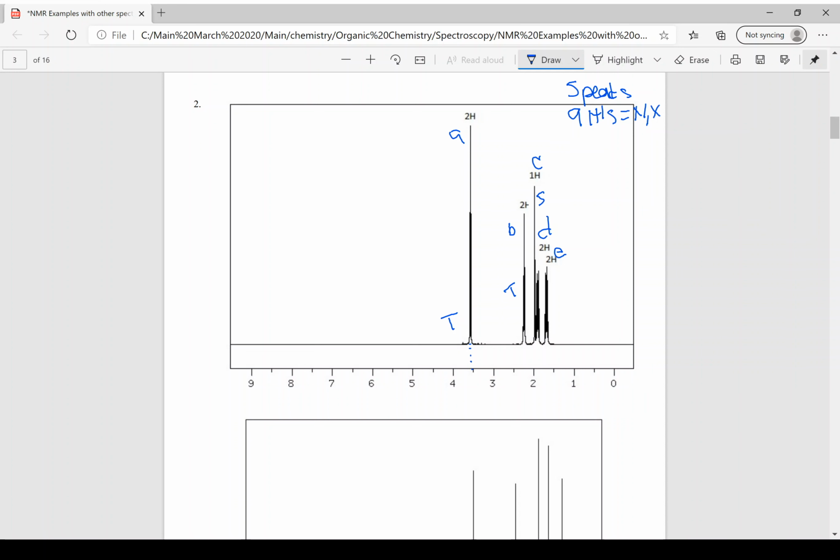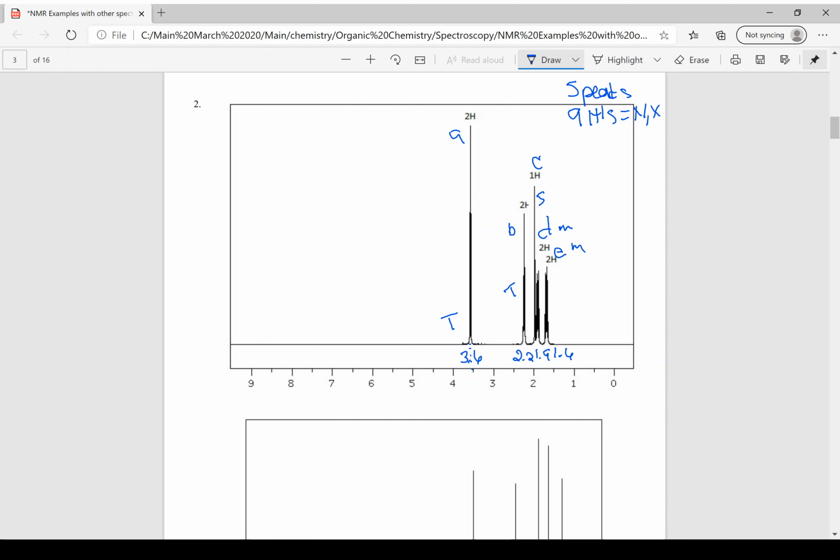Now, we could be wrong. We're not going to fall in love with any of this data, but that's what it looks like. And then, of course, a multiplet and a multiplet. This one is about 3.6, this one is about 2.2, about 1.9, and a 1.6.